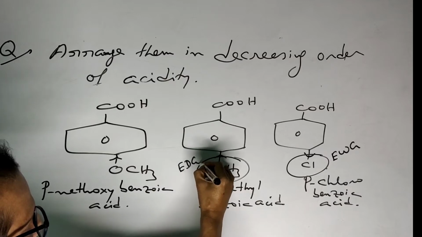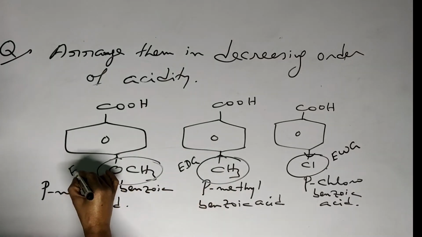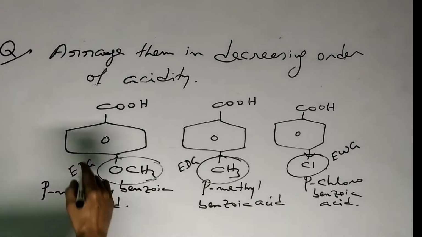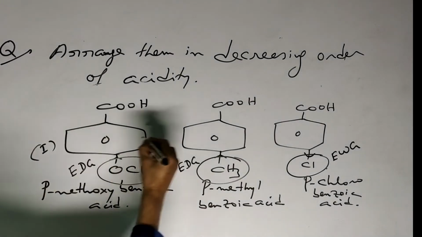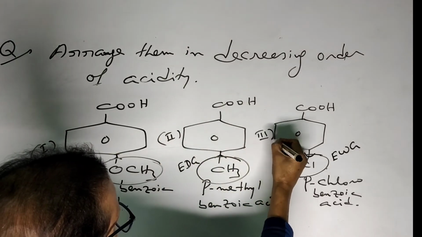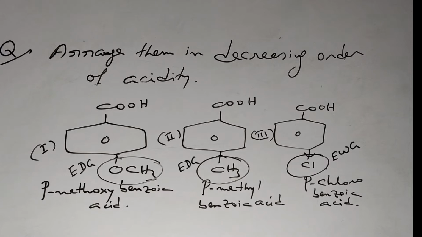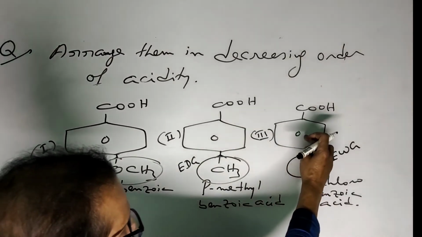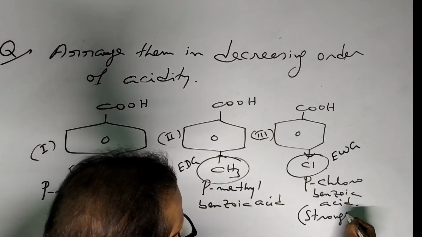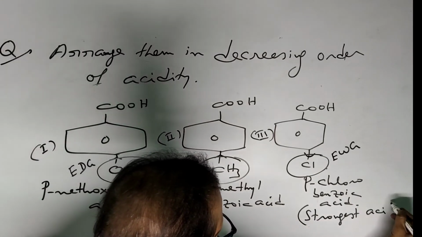Mention it as 1, 2, 3. Now you know that if an electron withdrawing group is present, the acidity is the highest. So 3 has the highest acidity, the strongest acid.